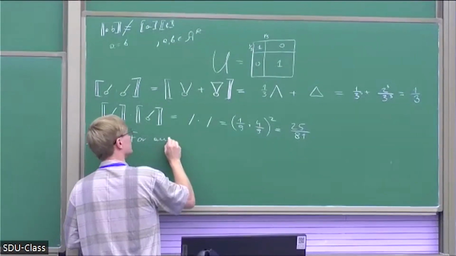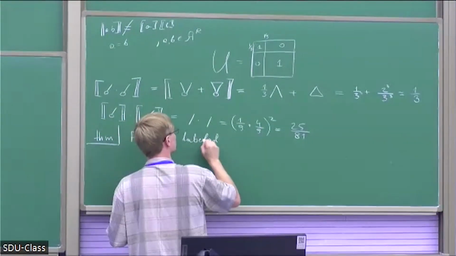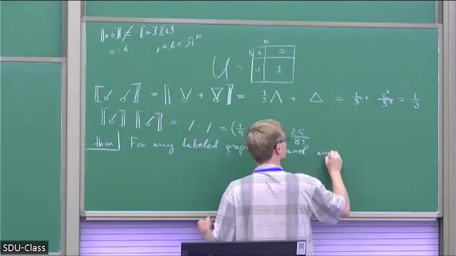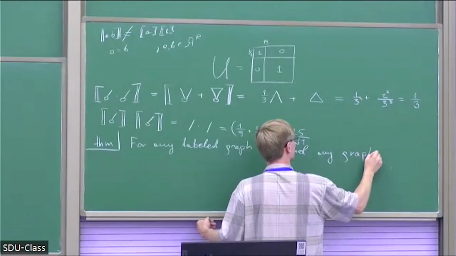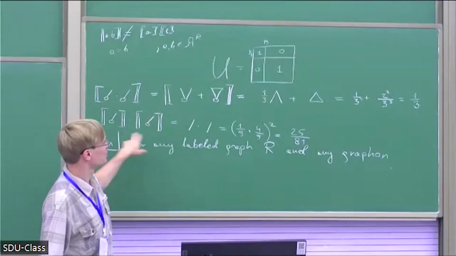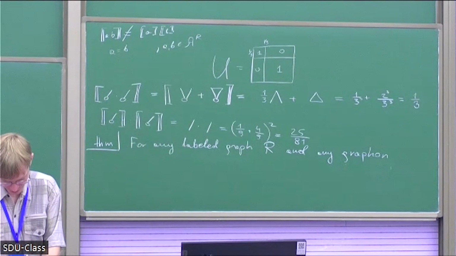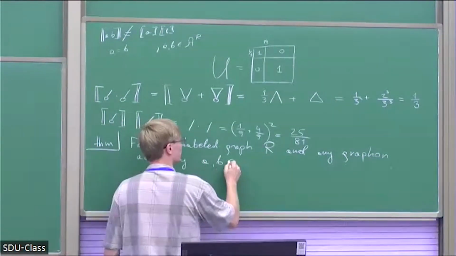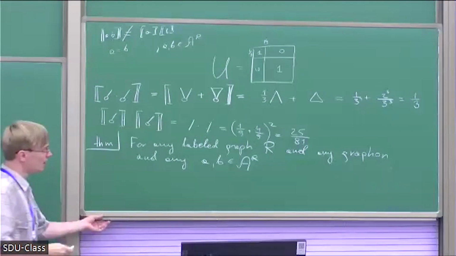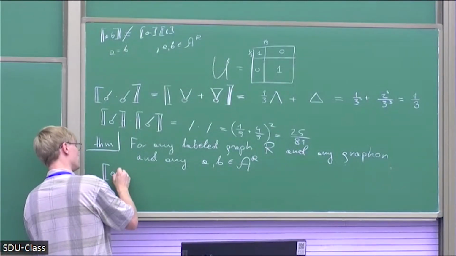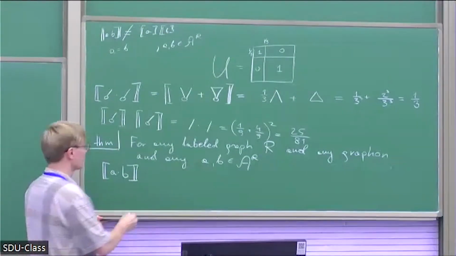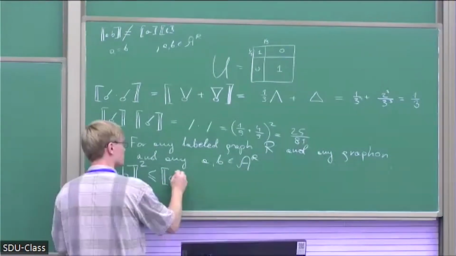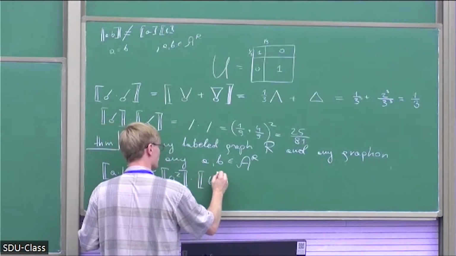For any labeled graphon, you will remember that all those computations are in some specific graphon, and any two elements from my algebra, what I have is that the product and then averaged is at most the product of the square averages.